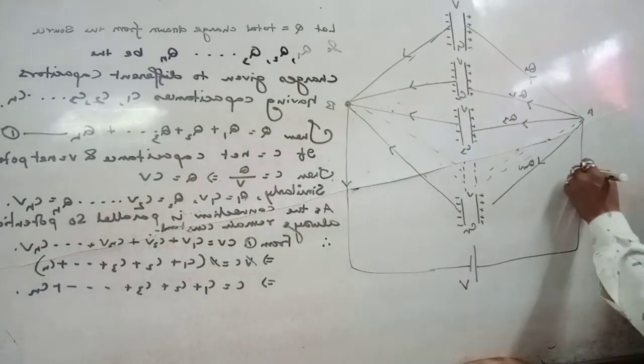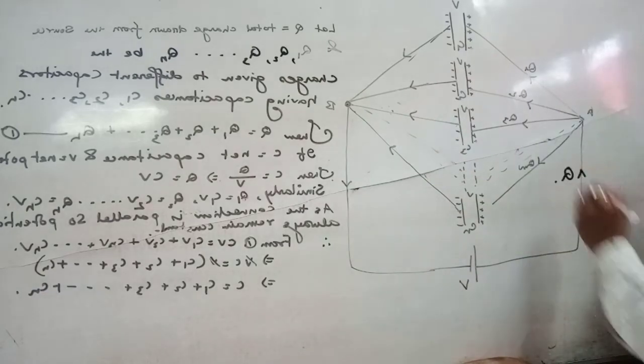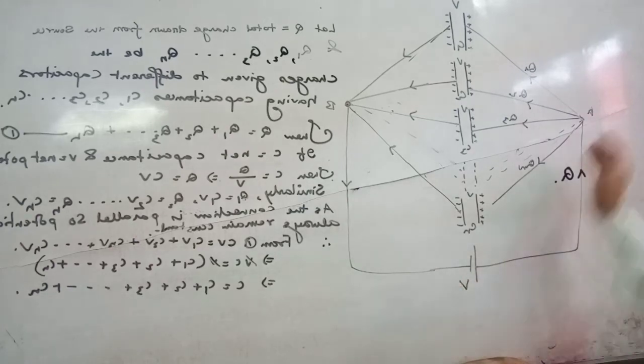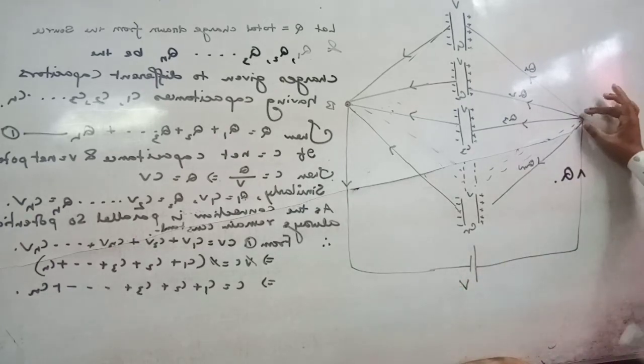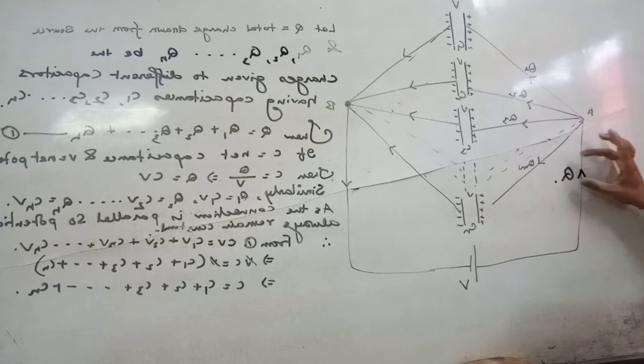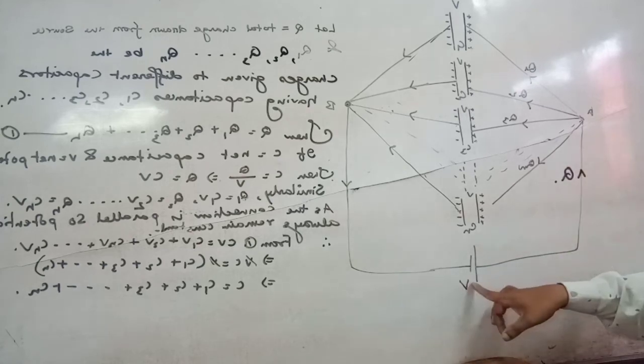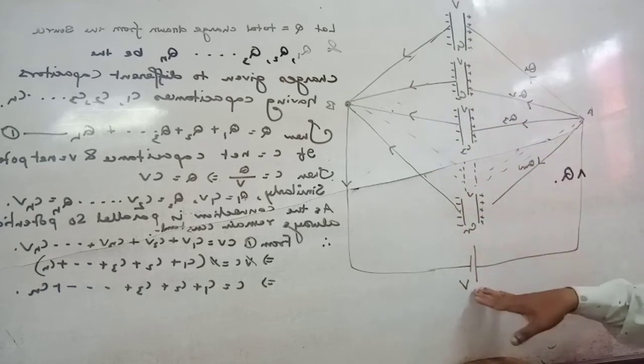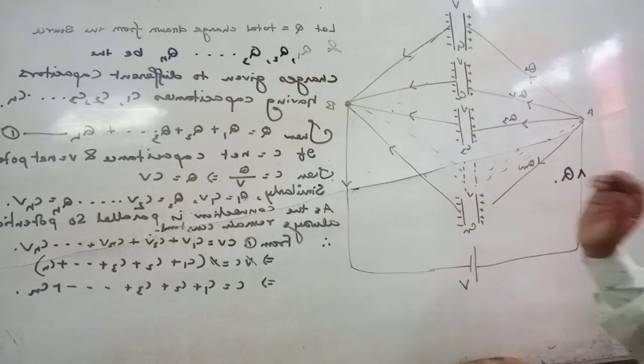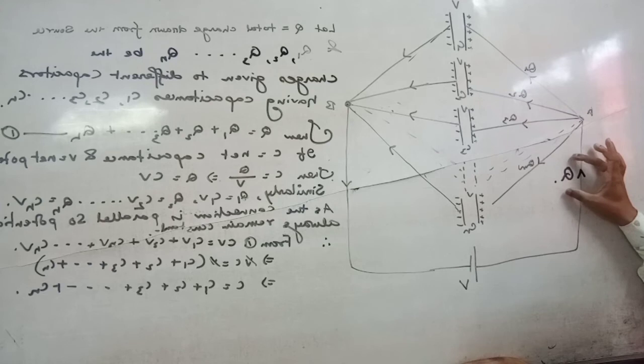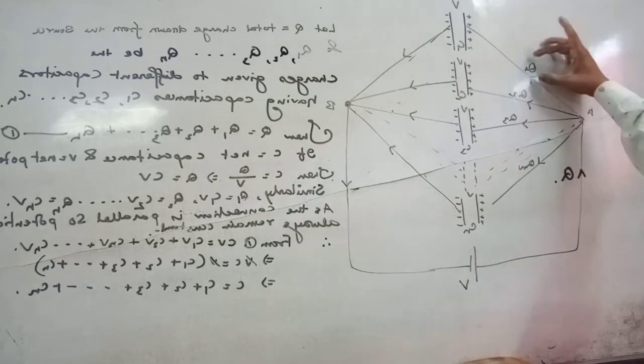Suppose this positive plate, this point A, draws a charge Q from the source of this system. It means from the cell. If it draws the charge Q, then it will distribute here.